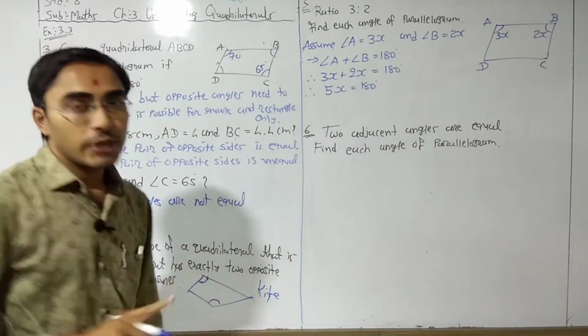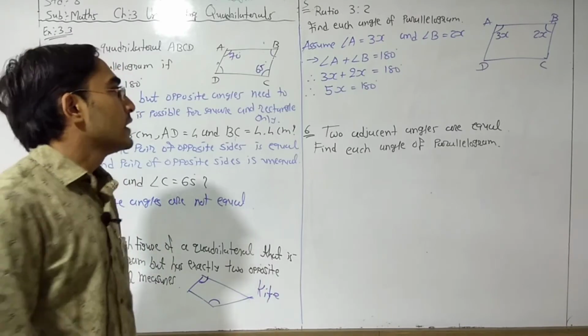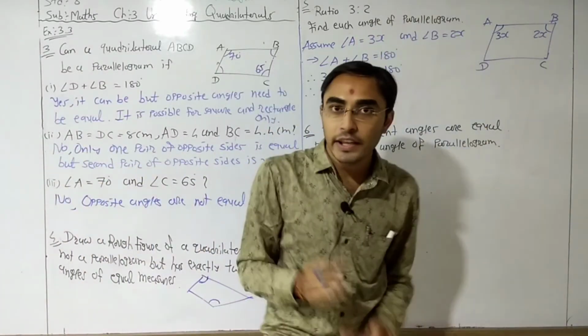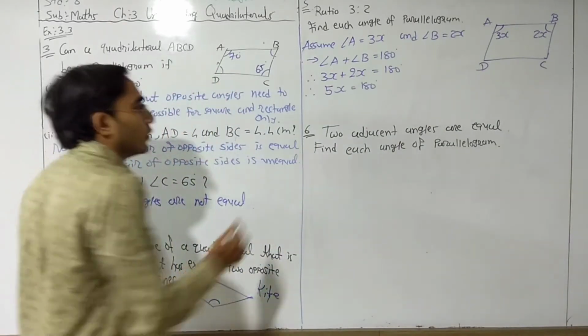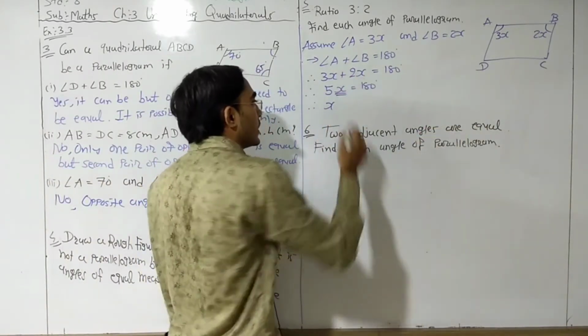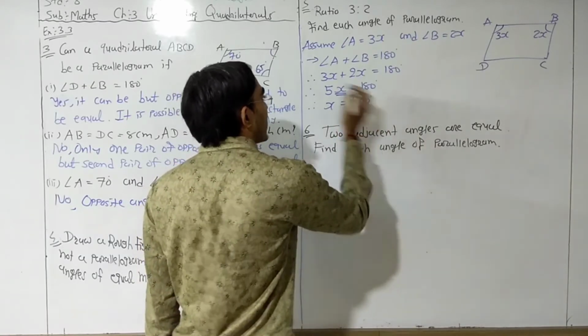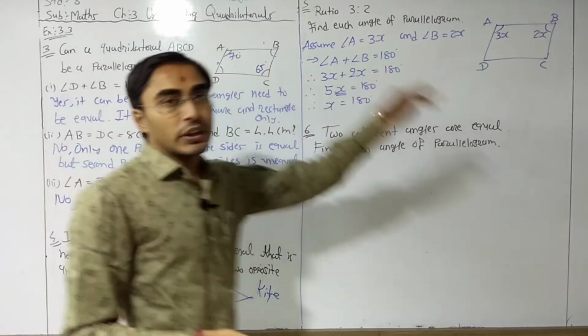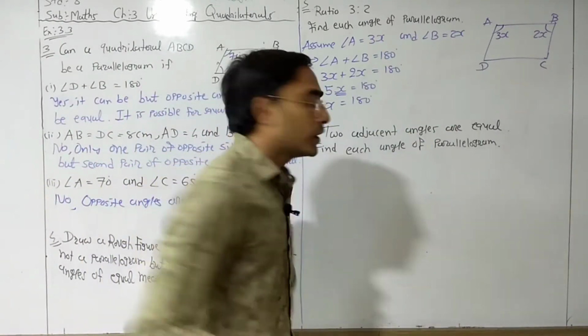Now from here we can find the value of x. If we find the value of x, then we get the value of angle A and angle B. So for finding the value of x, just transfer this 5 to the right hand side. Right now it is in multiplication on the left hand side. If we transfer it to the right hand side, it goes to the denominator.